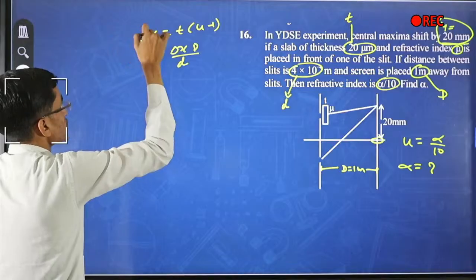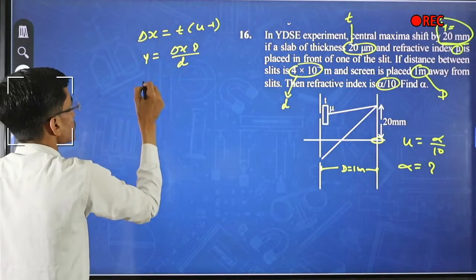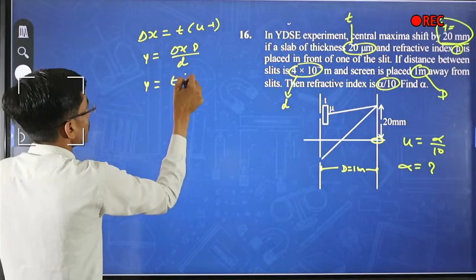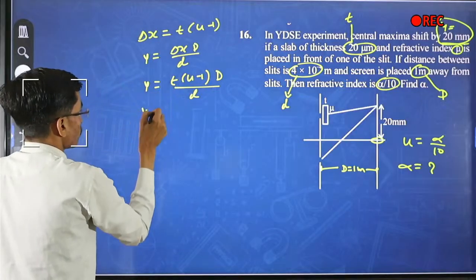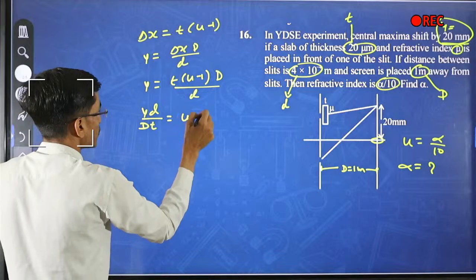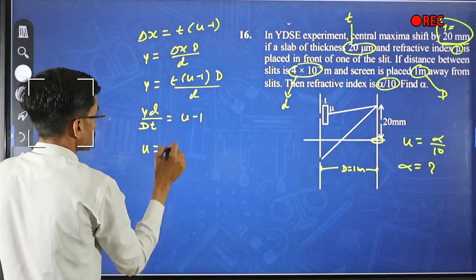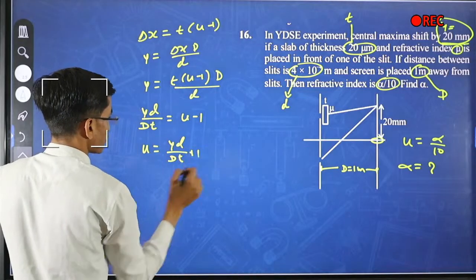Using these two equations, let us put the value of delta x in this equation. So y will become t (mu minus 1) D by d. So y d by D t is equal to mu minus 1. So mu is equal to y d upon D t plus 1.